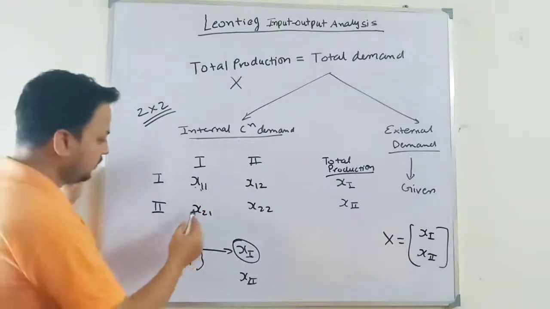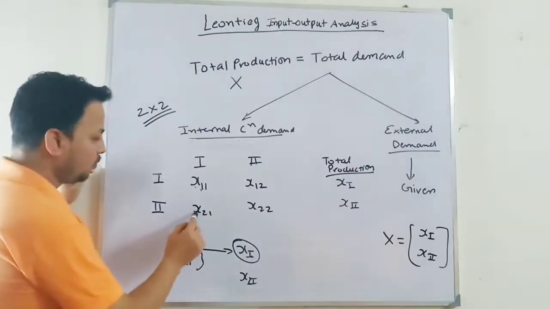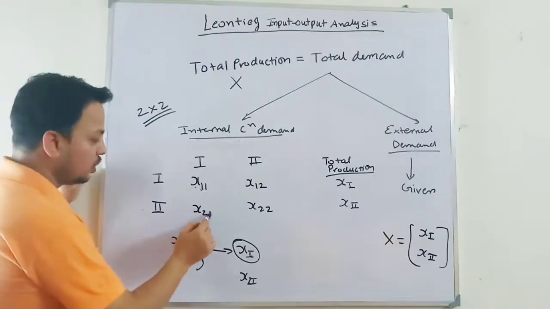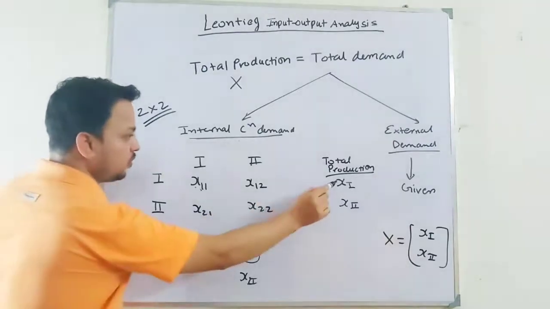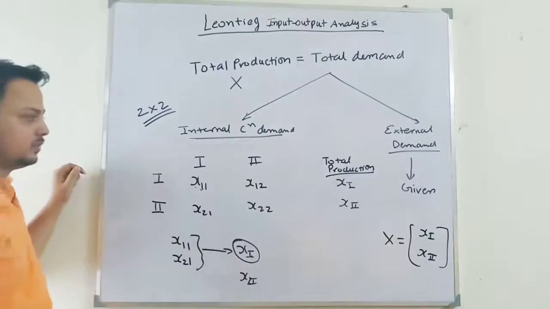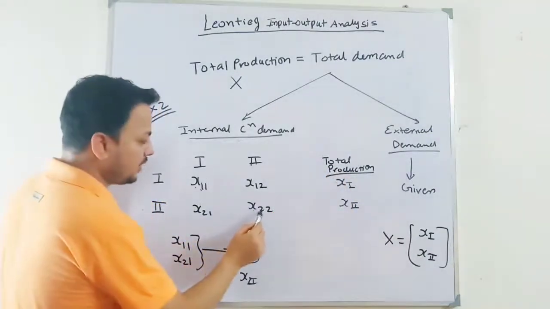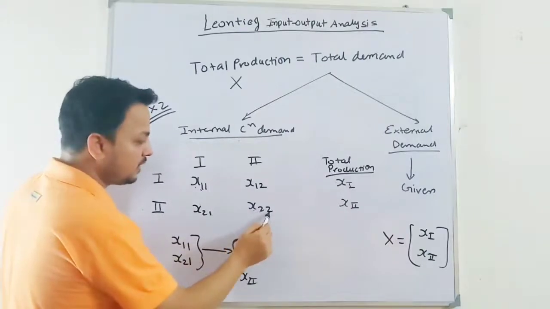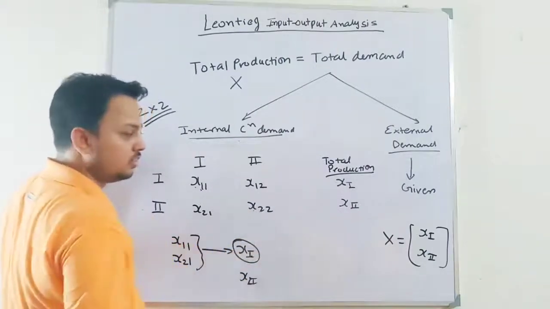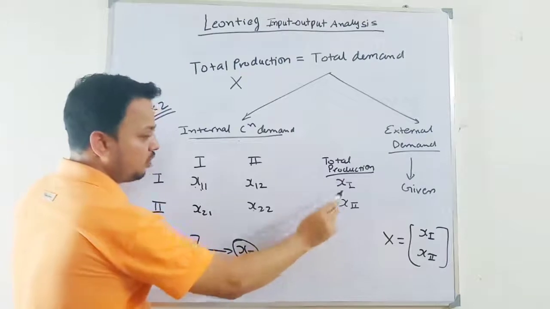So let me do it here. The amount of output of the second industry used by the first industry in order to produce this much output. The amount of output of the second industry used by the second industry in order to produce X2 amount of output.